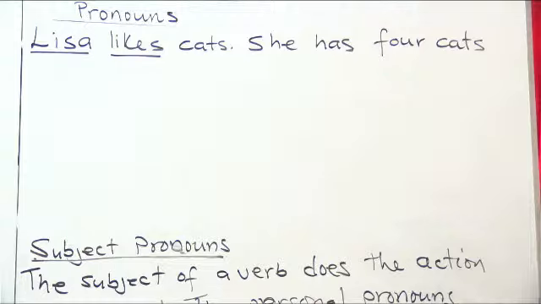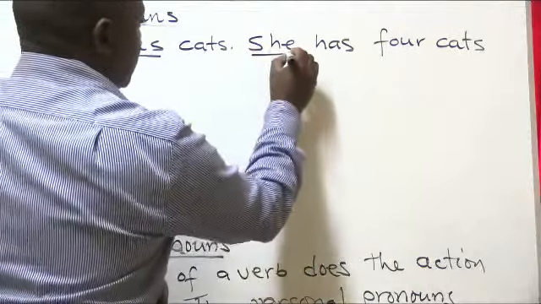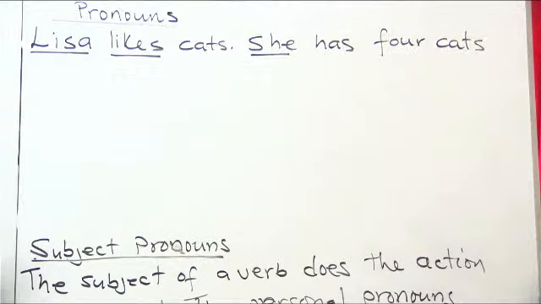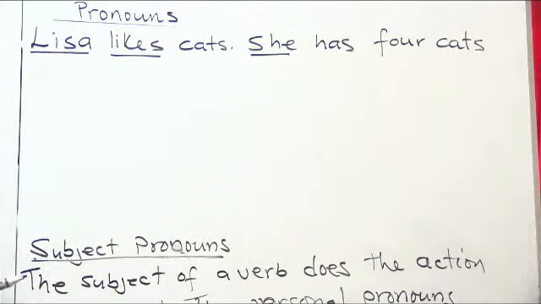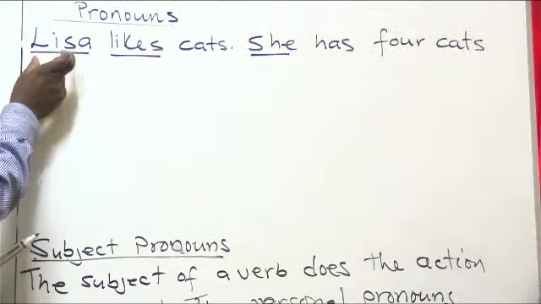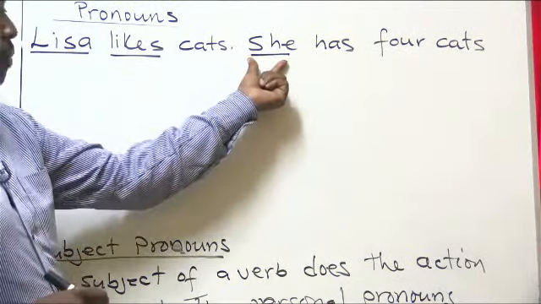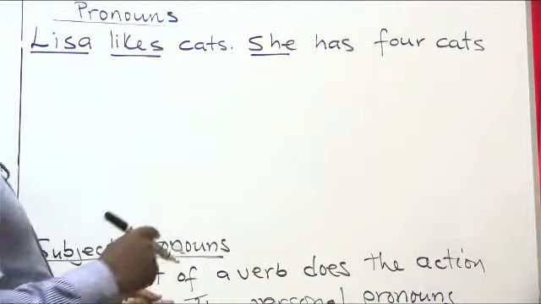Okay, then in our second sentence, this is a pronoun. Okay, since we said that a pronoun is a word that takes place of a noun, this pronoun has taken place of this noun. So this pronoun she is the subject.